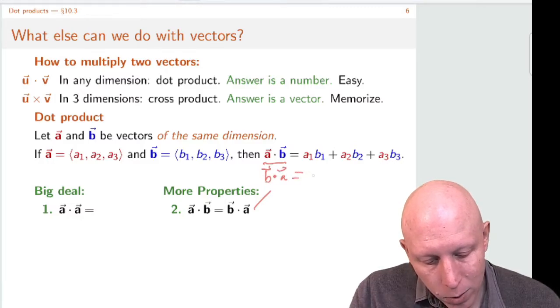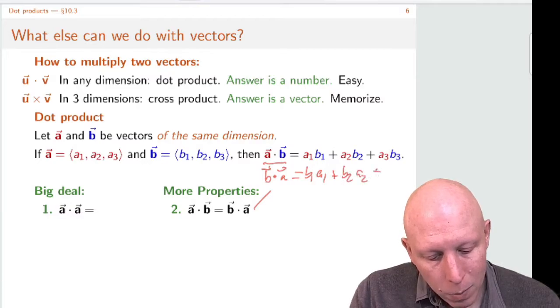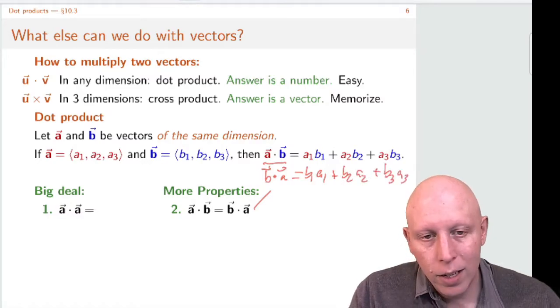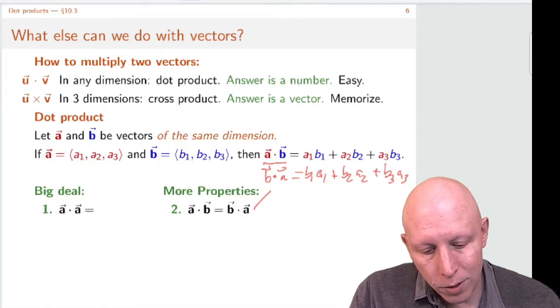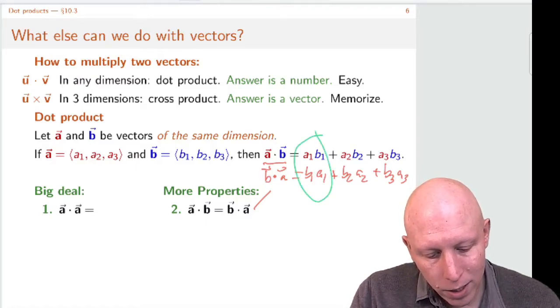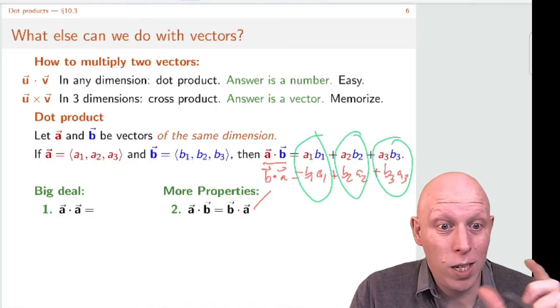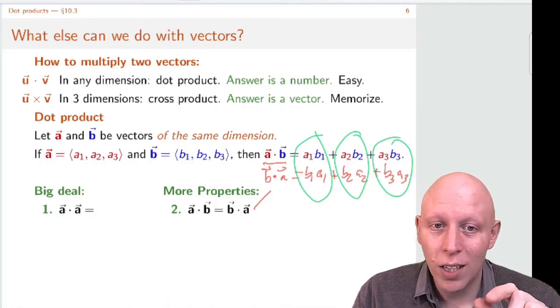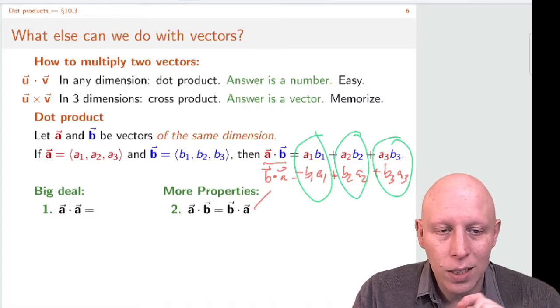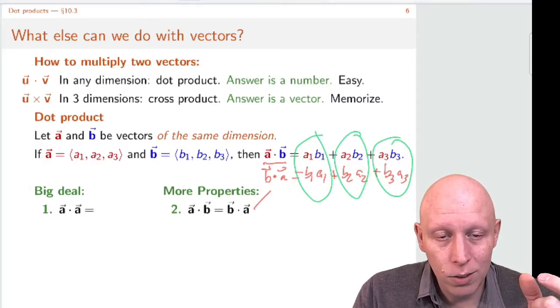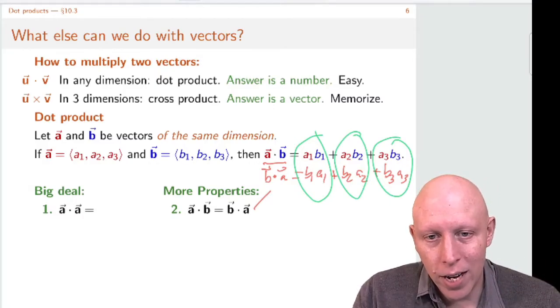B dot A is equal to B1 A1 plus B2 A2 plus B3 A3. And if you look at these pairs, each of these pairs are equal because 4 times 5 is the same as 5 times 4. Multiplication is commutative. And so A dot B is the same as B dot A.